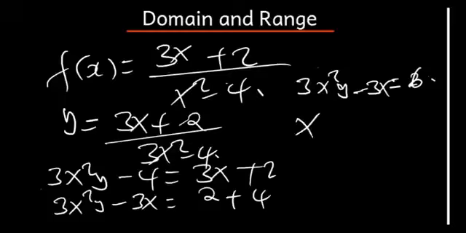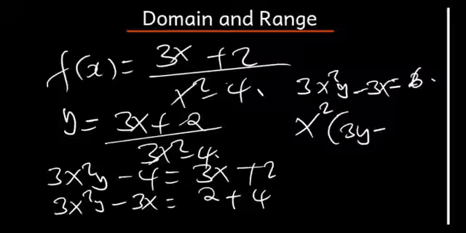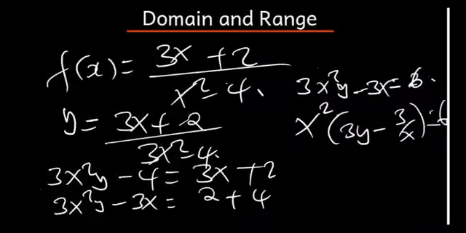So if I factor out x squared, although this is not going to make sense, what I'm supposed to do here is, okay, so this is going to be, we're going to have 3y minus, so here I'm going to remain with again 3 over x, which is not making sense at the same time.